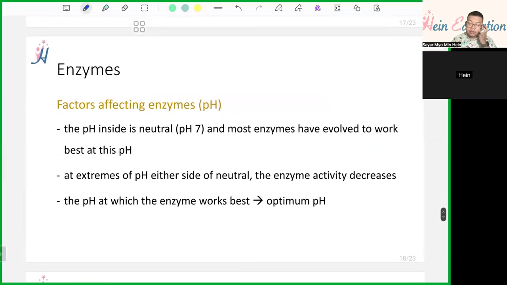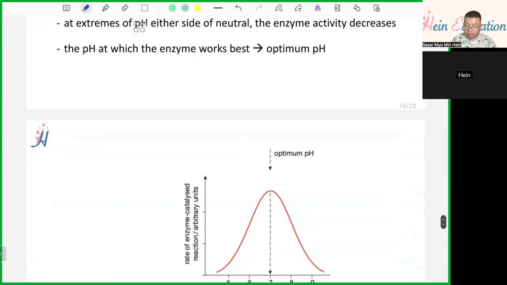This is also the same thing where we can still use optimum pH and denature. But with pH, what you need to remember is that at either extreme of pH, right? It can be very acidic or very alkaline, so the enzyme can denature. Enzymes only work at a specific pH, right?